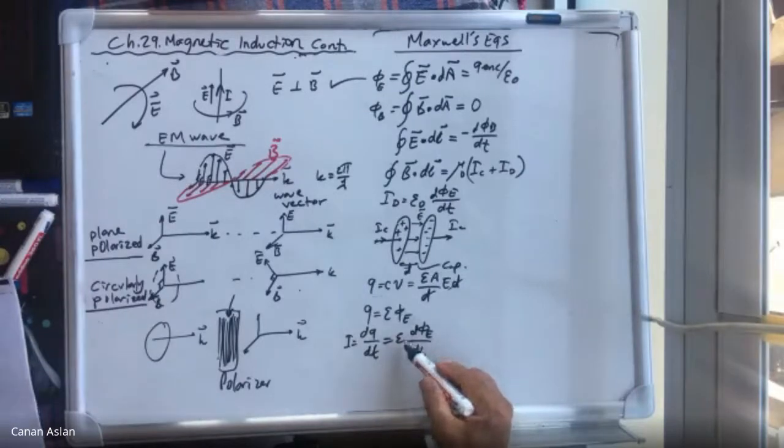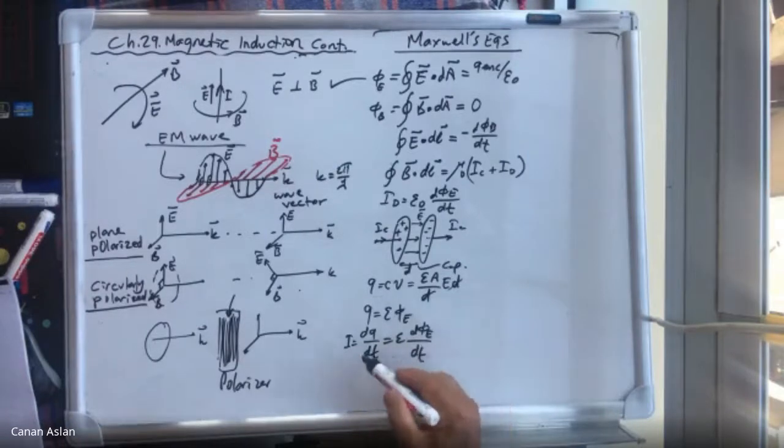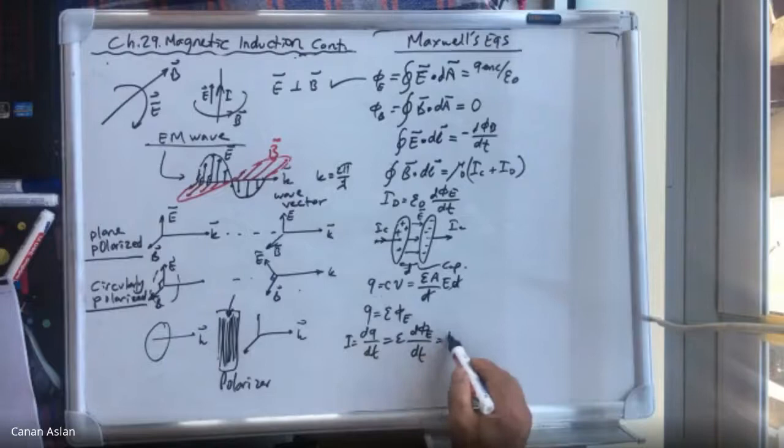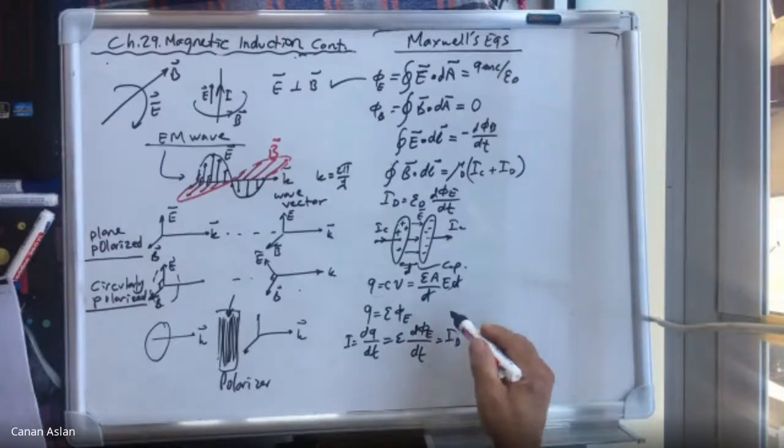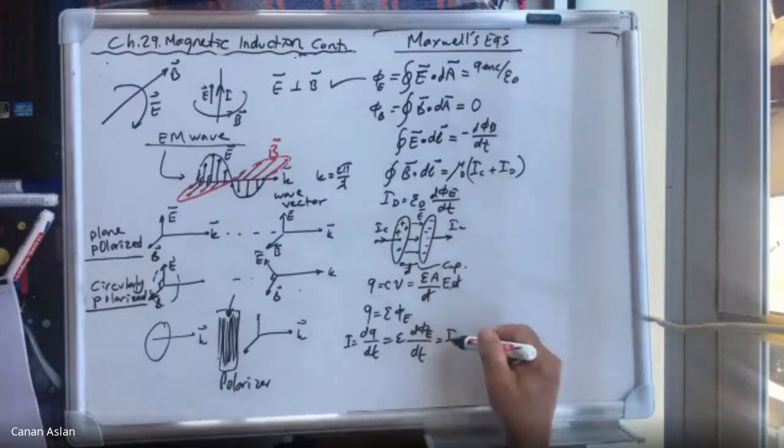This is some kind of displacement current. So we call this current the displacement current, okay? So this displacement current is given by that.